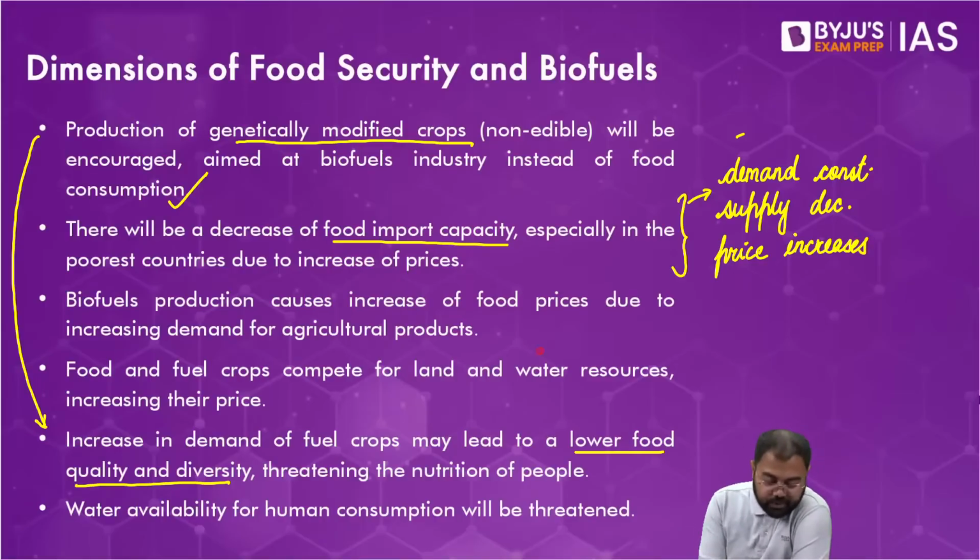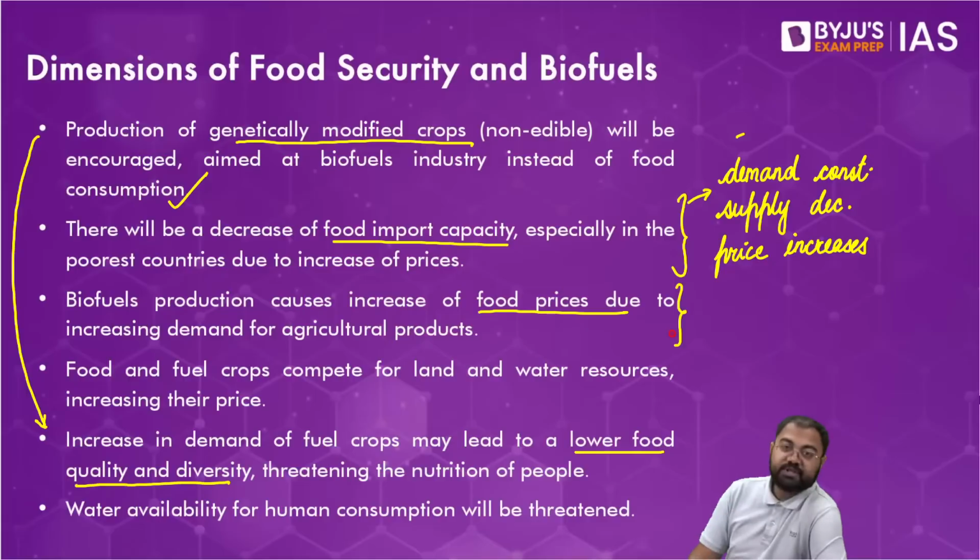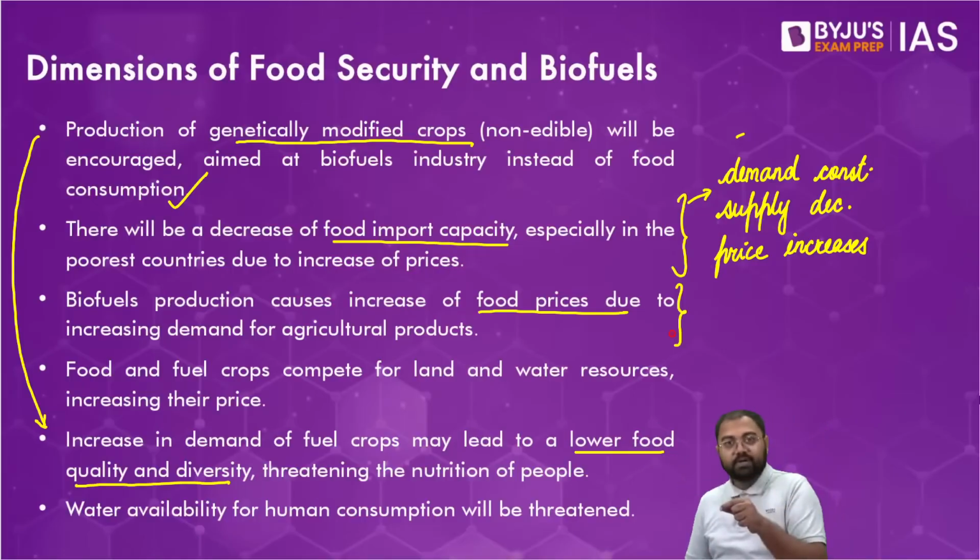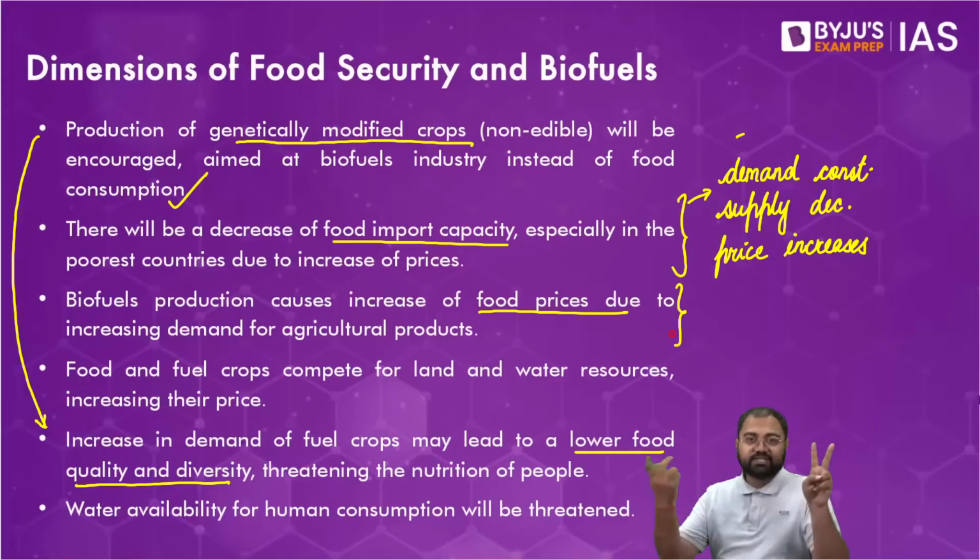Similarly, what we know is that the food prices in general can also rise, because here also what's happening is that your supply is remaining constant, correct? The supply remains constant, but the demand now has increased, because you want to use the same crop for food also, and you want to use the same crop as biofuel also. So that's why the demand has increased, because there are two sectors which are looking for the same crop, and the production hasn't.